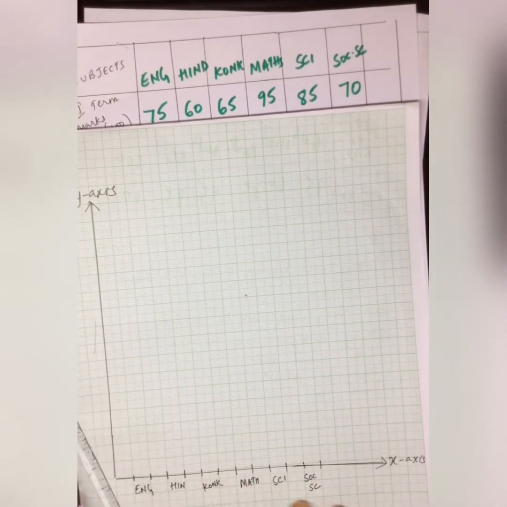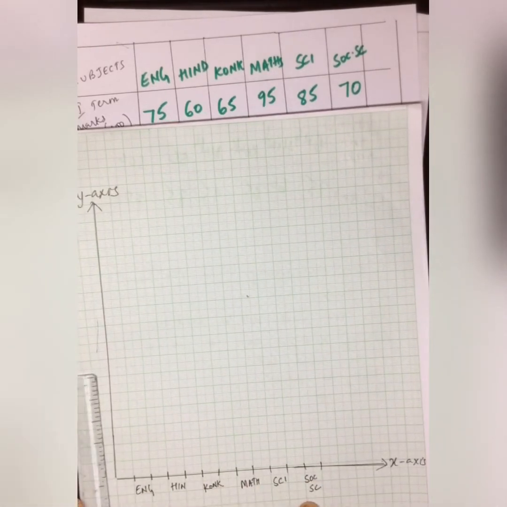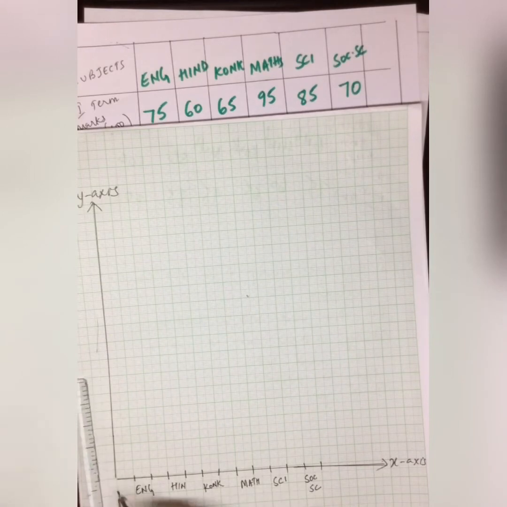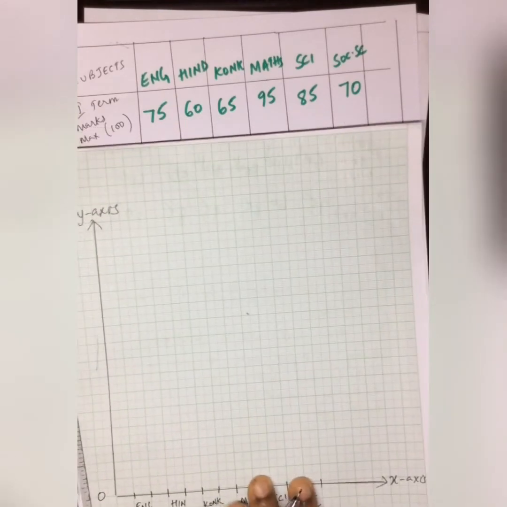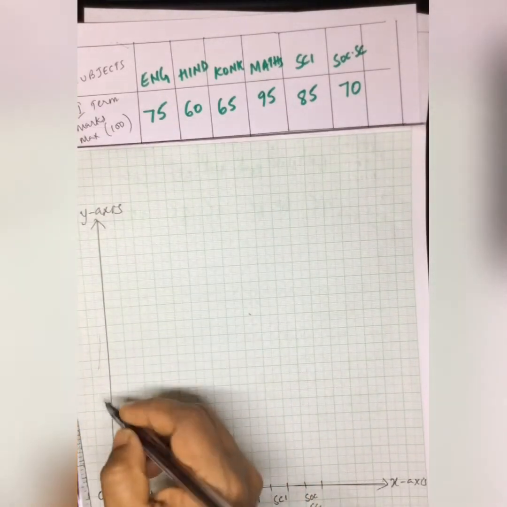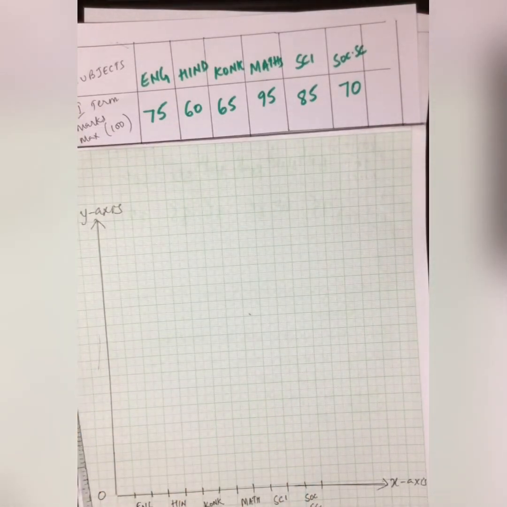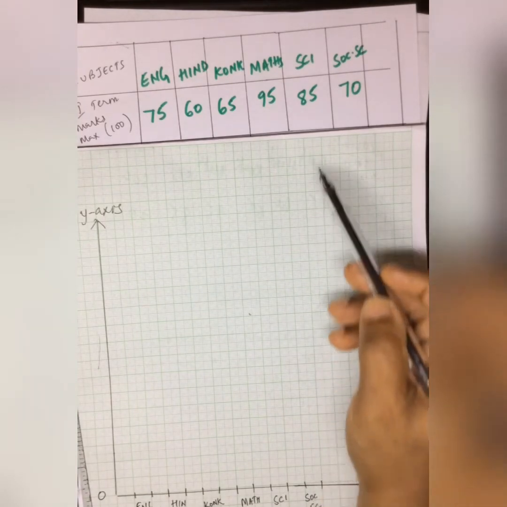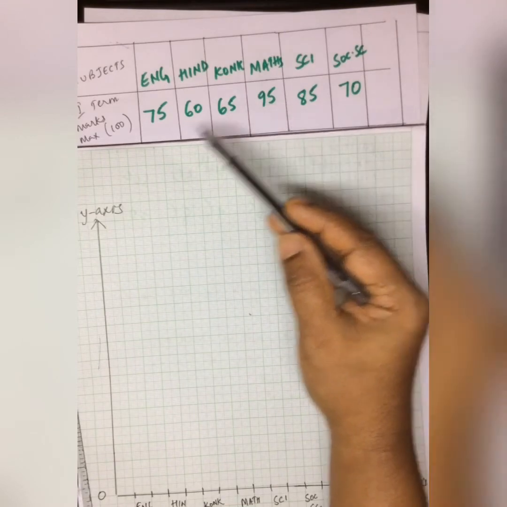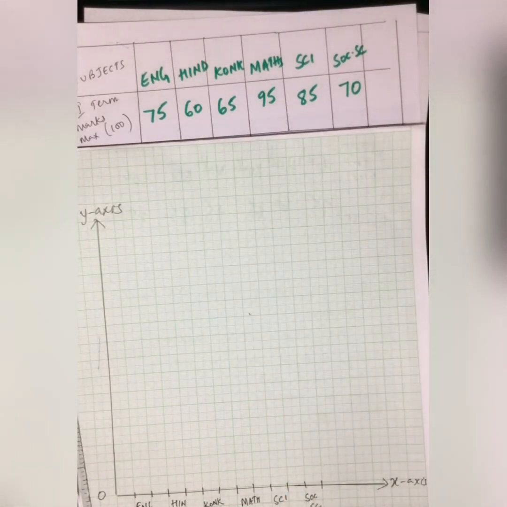Now we go to the y-axis. On the y-axis the beginning is 0, and till 100 you can have on the y-axis. Why am I having 100? Because in maths the child has scored 95, the highest, and the maximum marks are out of 100.